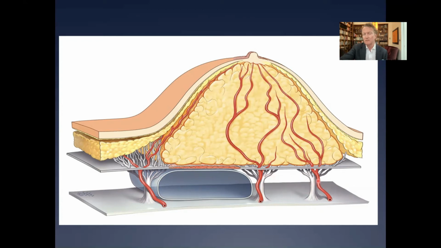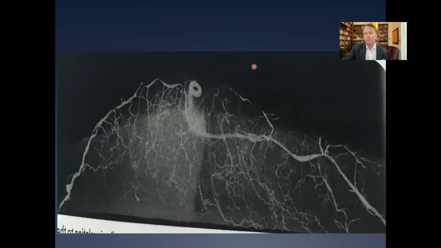And so the branches of the lateral thoracic artery come through at multiple levels through multiple ligaments and course directly towards the nipple. And when we do an angiogram study of the breast, that's in fact what we see. Here's the internal mammary artery perforator coursing over towards the nipple versus the lateral thoracic perforators going directly through the breast to reach the same nipple.